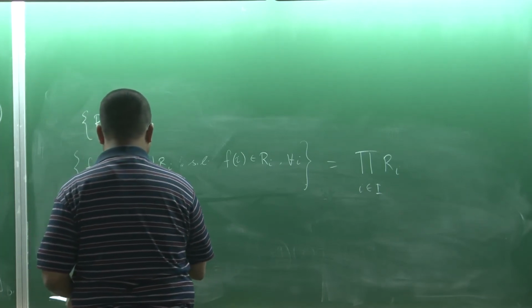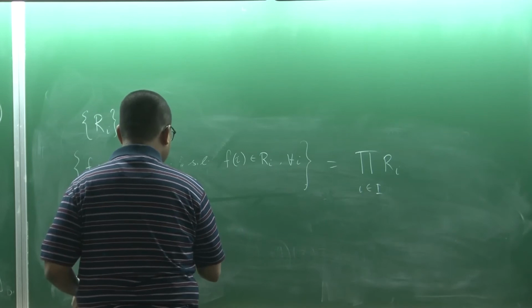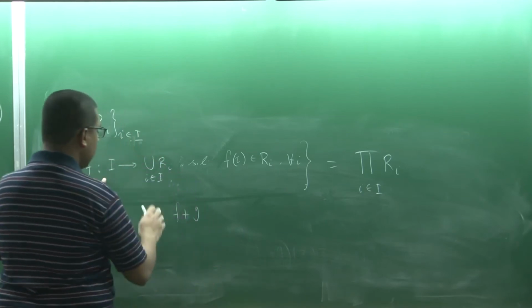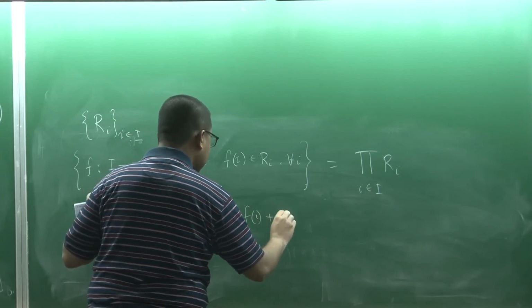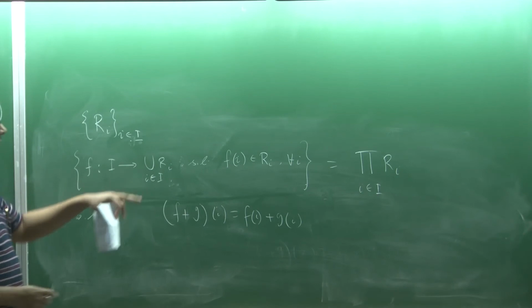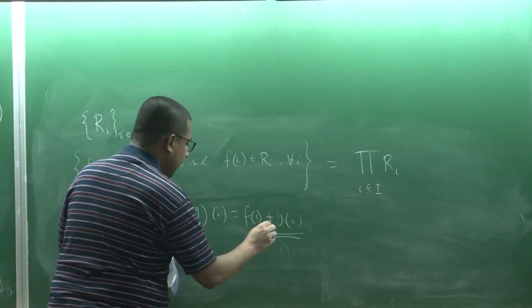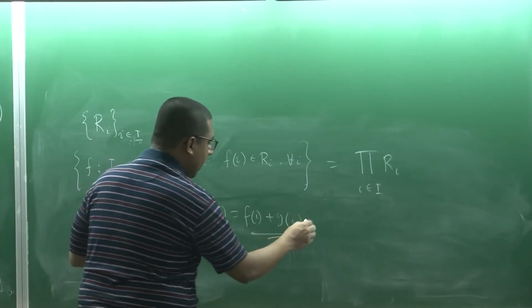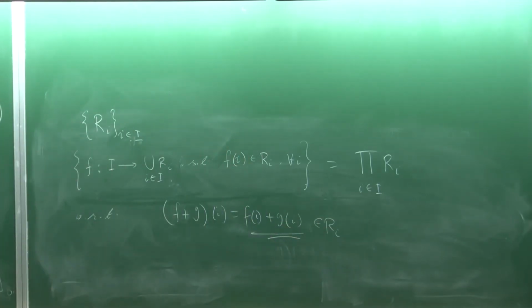What that means is, given two functions f and g, f plus g is the function having the value f(i) plus g(i) at any given point i, okay. Since Ri is a ring, this is the sum inside Ri, okay. Similarly for the multiplication, okay.